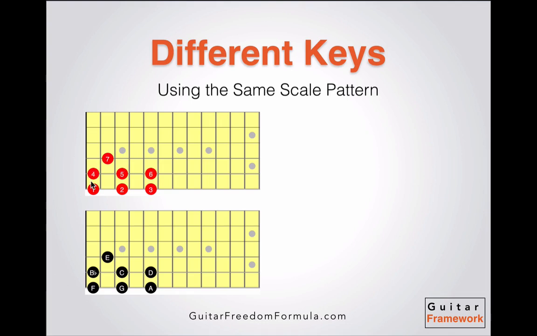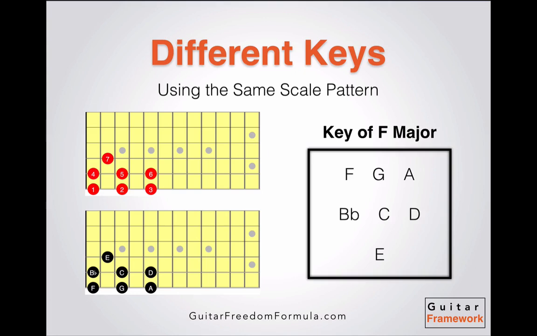What I've done below the numbers is just listed the actual letter notes for the locations of each one of these numbers. So note number 1 is an F note, note number 2 is a G note, note number 3 is an A note, and you get the idea, so on. So the notes we have here are actually F, G, A, B flat, C, D, and E.